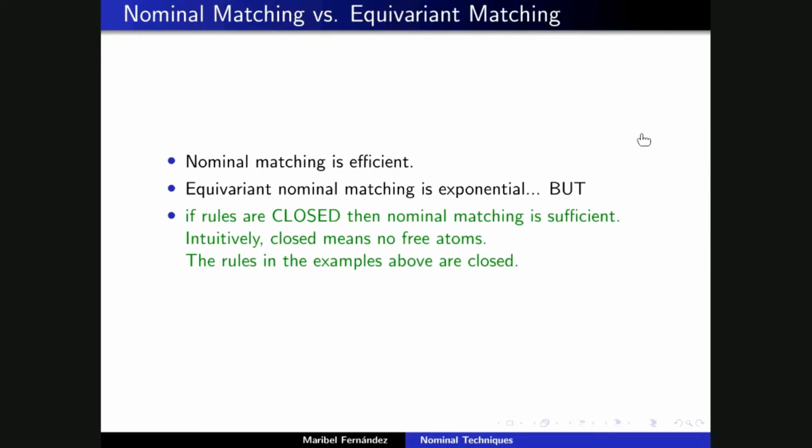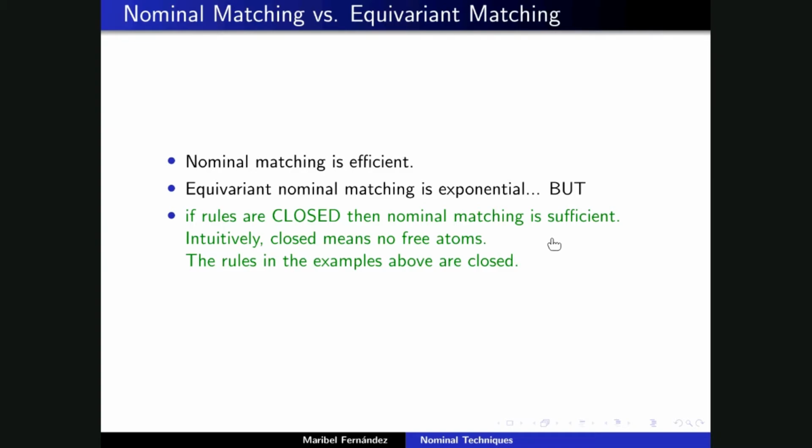Any rule you can write in those systems turns out to be a nominal closed rule, so a rule without free atoms, in which case nominal matching is sufficient. So that's why it is interesting to work with this class of closed rules, which I haven't yet formally defined, because they are as expressive as the higher order abstract syntax rules.